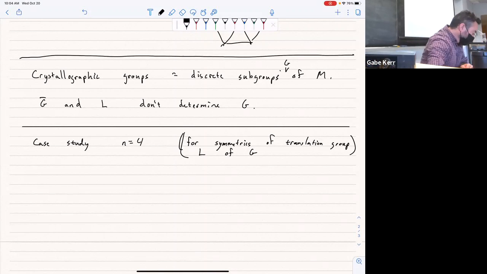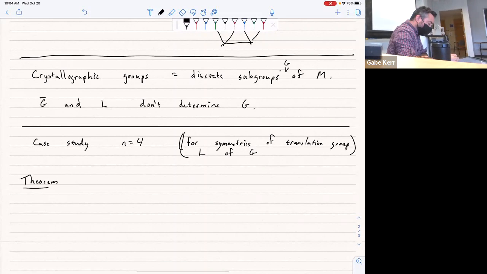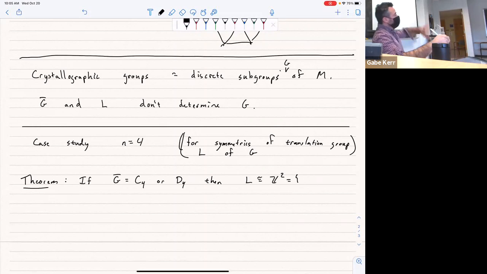Okay. The first thing to do is to look at L. Here's a theorem. The point group of G is equal to C4 and L is, well, I should say isometric to Z squared. You may need to change your coordinates slightly by rotation.